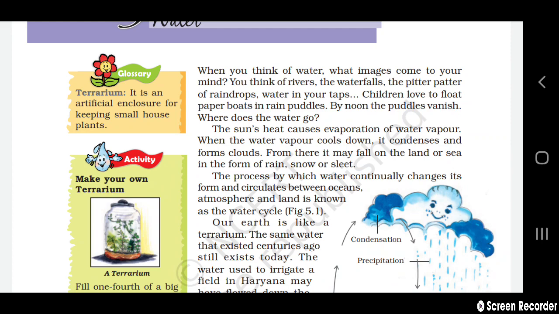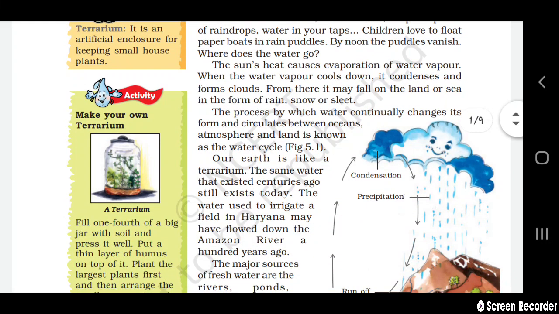When the water vapor cools down, it condenses and forms clouds, and from there it may fall on the land or sea in the form of rain, snow, or sleet. The process by which water continually changes its form and circulates between the ocean, atmosphere and land is known as the water cycle.